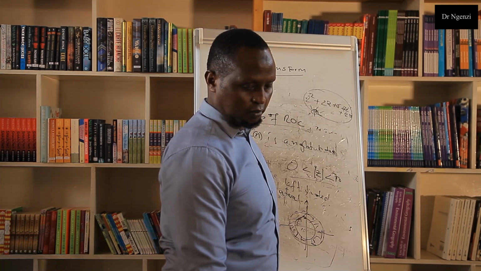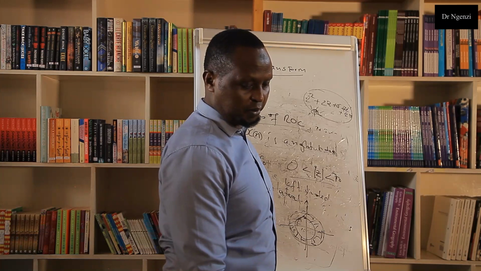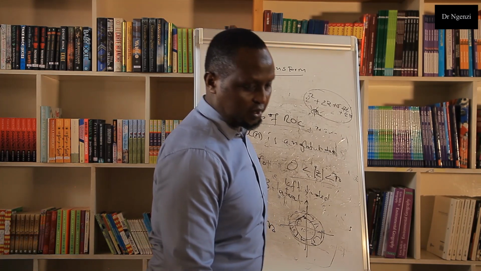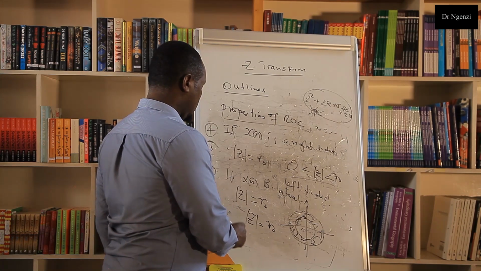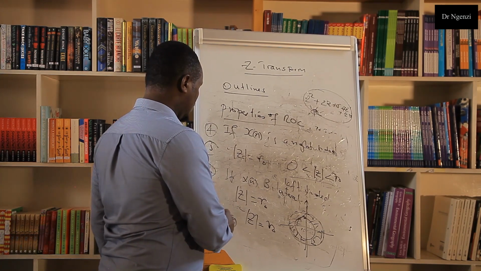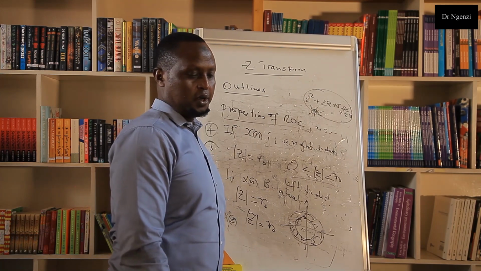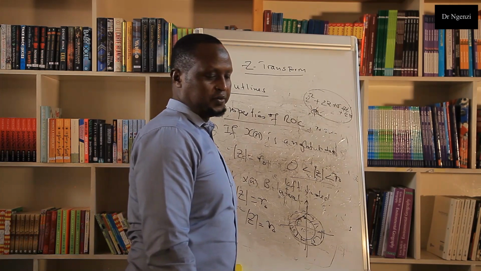Still, we are talking about the properties. For example, property number 7: if the z transform X of z is a rational function, then it is bounded by the poles or extends to infinity.